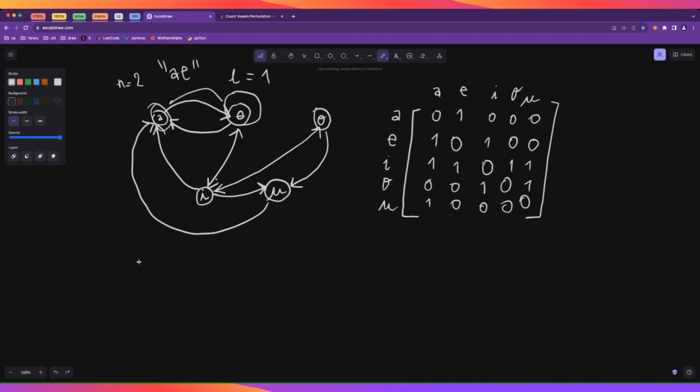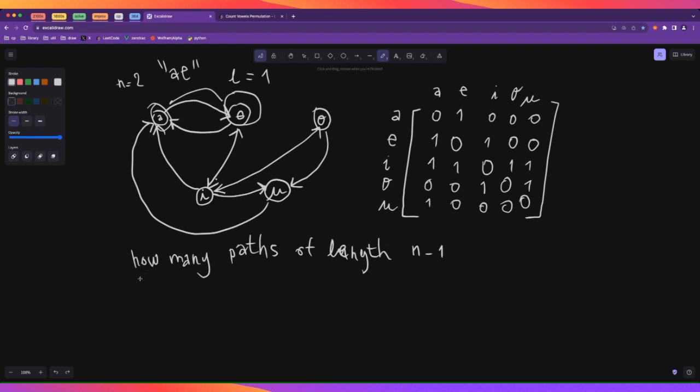So we want to count how many paths of length n minus 1.